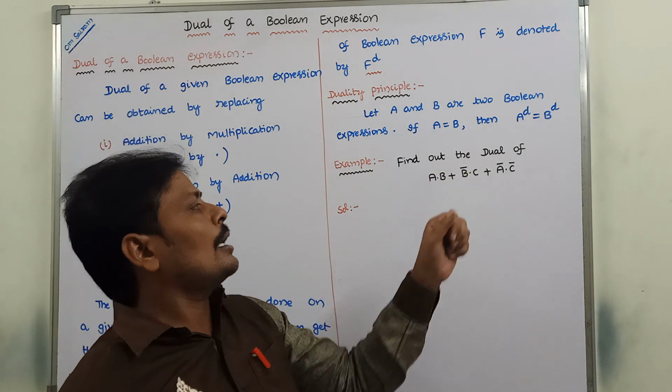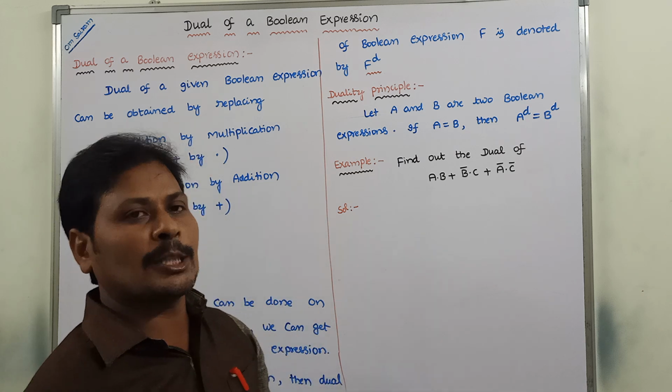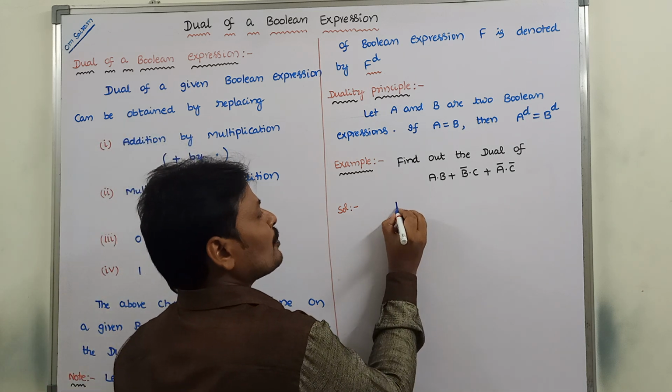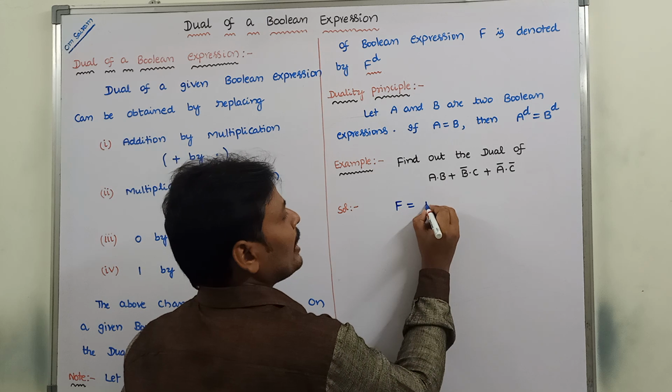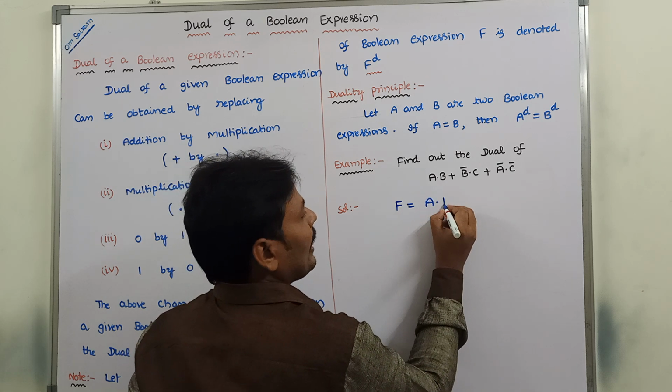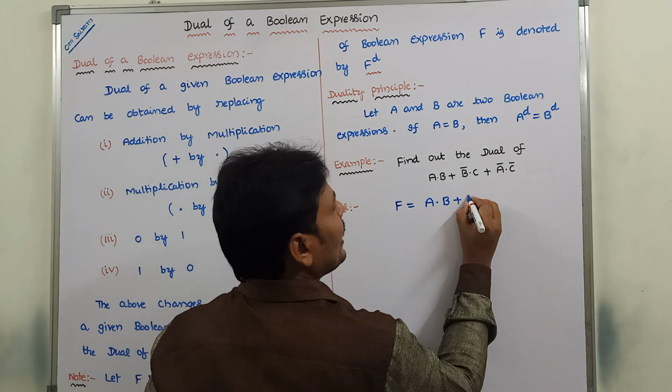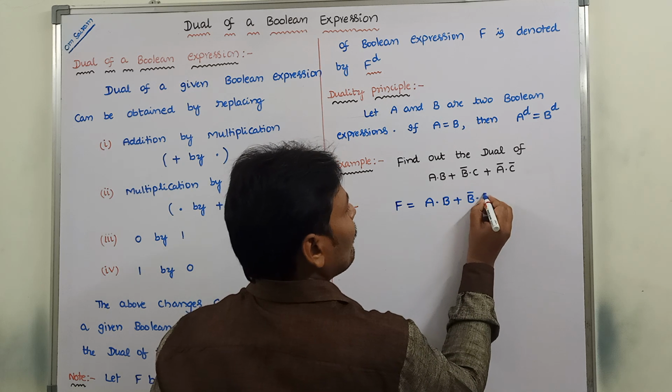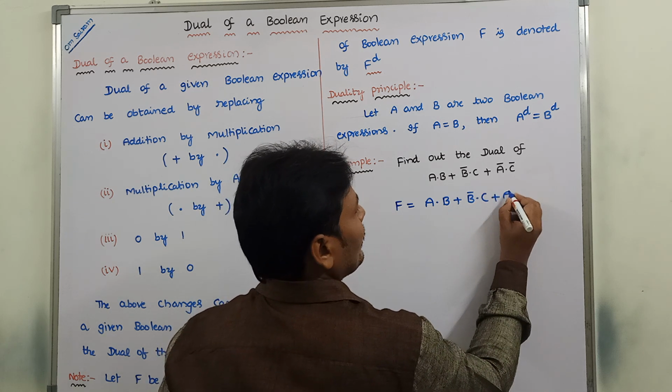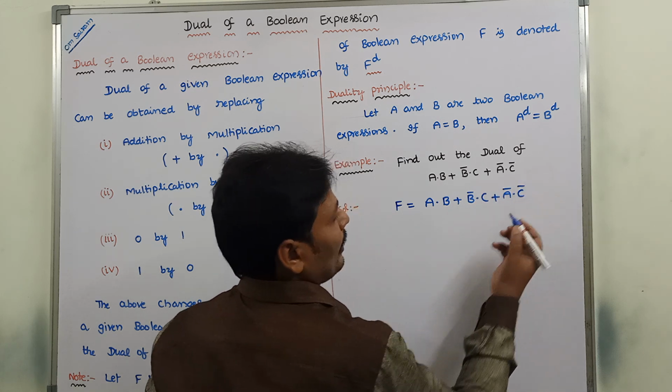Okay, now consider this example. Find the dual of a given Boolean expression. This Boolean expression can be represented by capital F. F is equal to A into B plus B bar into C plus A bar into C bar.